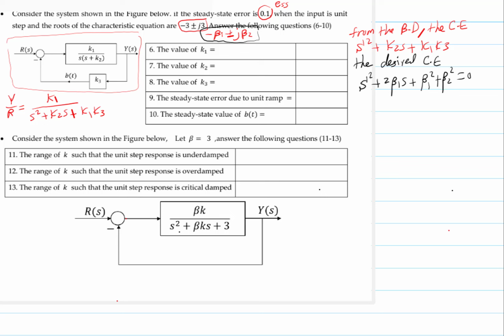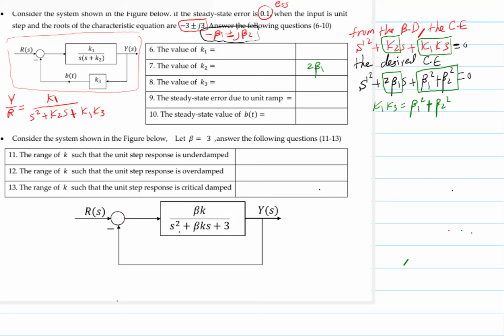So this equation must equal this equation. If I compare, k2 will equal 2 beta 1, and k1 multiplied by k3 will equal beta 1 square plus beta 2 square.